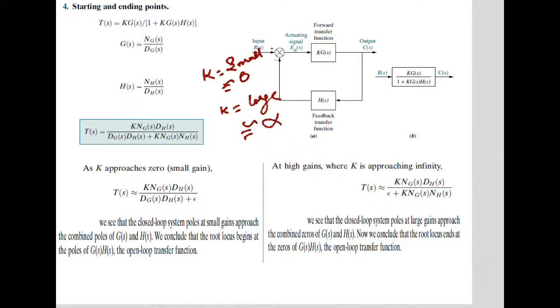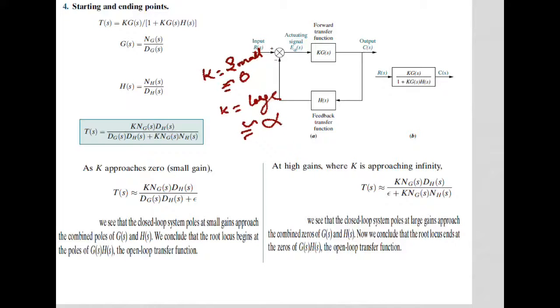The closed loop system poles at large gains approach the combined zeros of G(s) and H(s), and we conclude that the root locus ends at the zeros of G(s)H(s), the open loop transfer function.